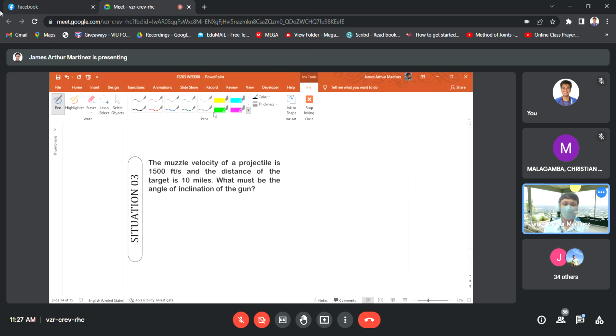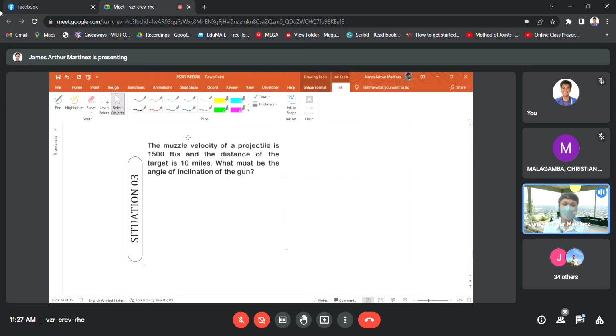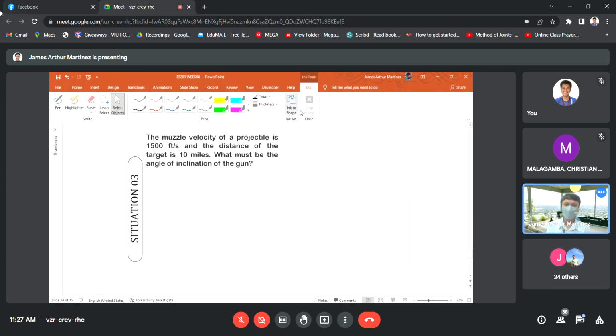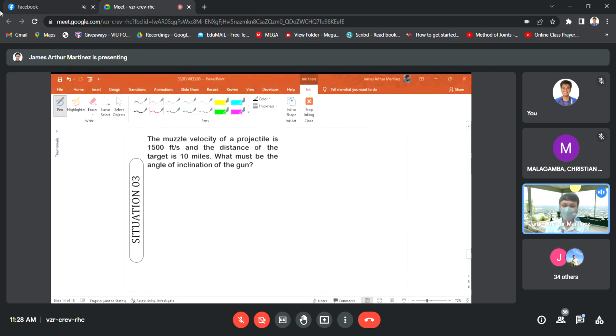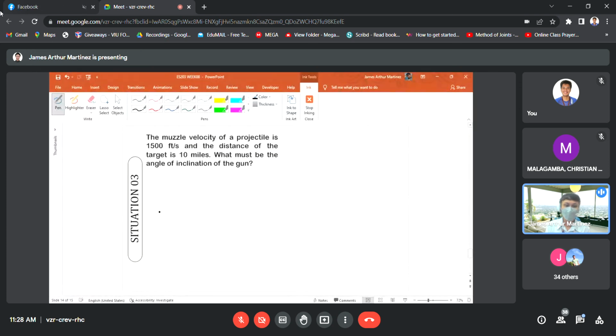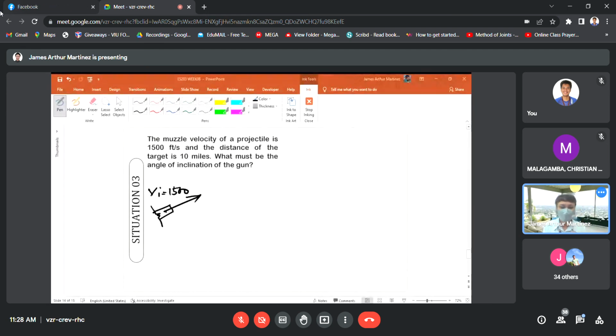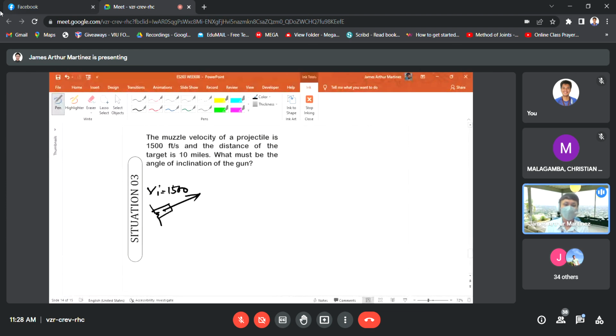Let's draw the free body diagram. Let's say we represent the gun as this one, with an initial velocity equal to 1,500 feet per second. We will consider it again as a particle, concentrated at the center of gravity.